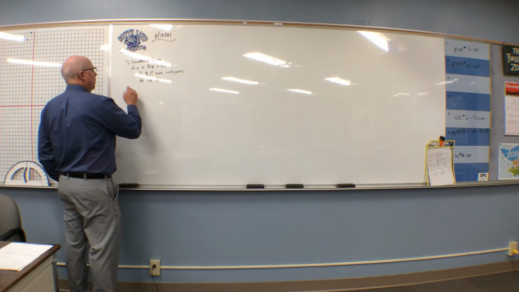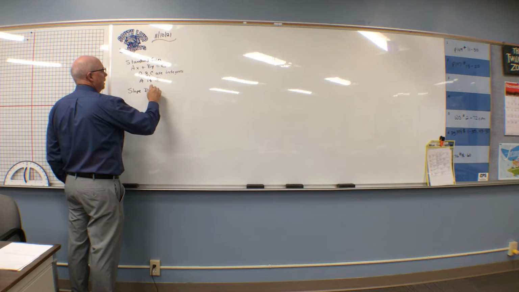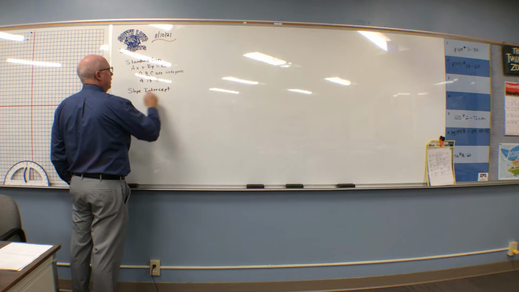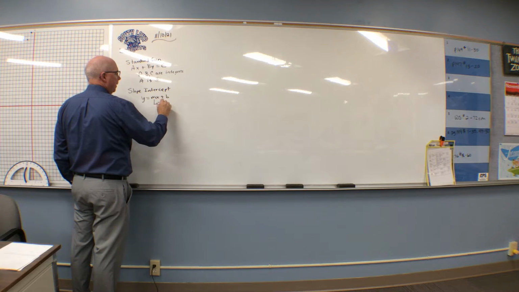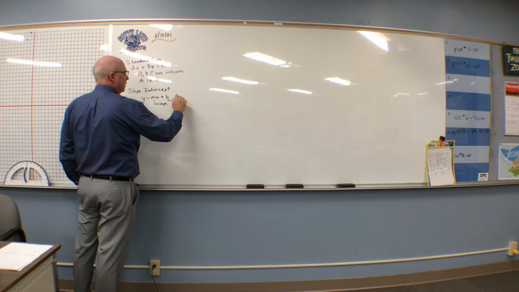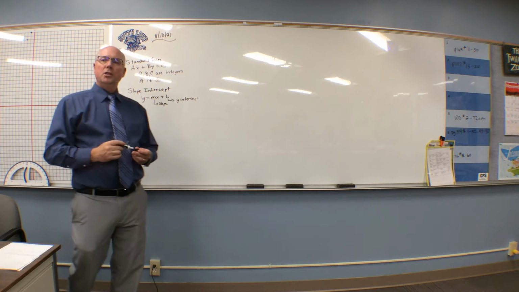Okay? The next one we have is the slope-intercept form. This is the graphing form, and this is y equals mx plus b. This is slope, and this is the y-intercept. And if they give you the slope and the y-intercept, you just plug it in.